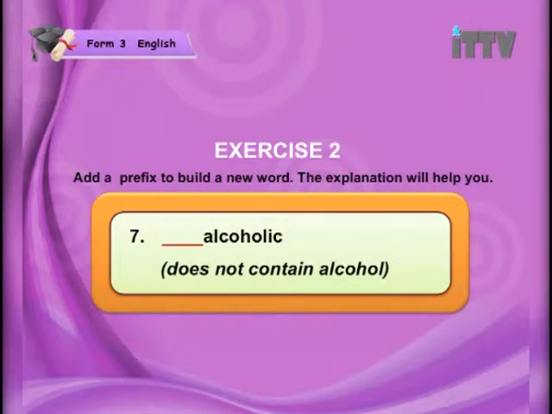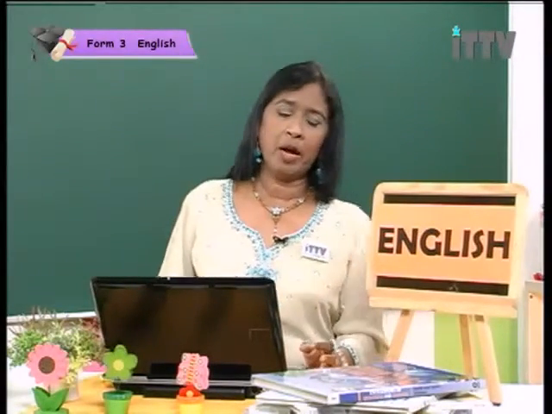Next, alcoholic. It does not contain alcohol. Got the answer? Non-alcoholic. Now, earlier, teacher said alcoholic is something to do with maybe a person, but here there are certain drinks where when you read the label outside, it says it's non-alcoholic.